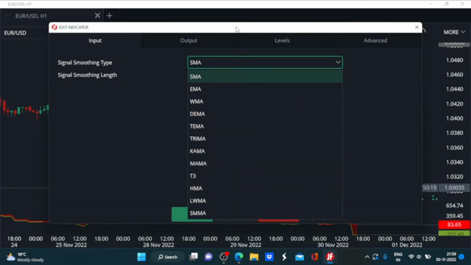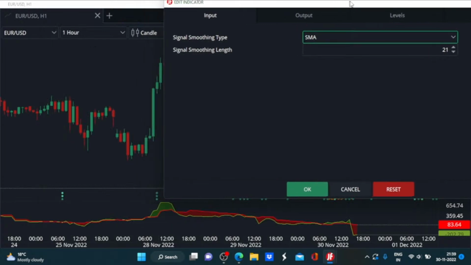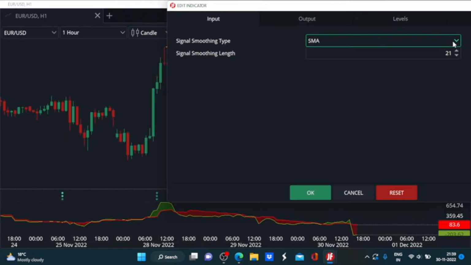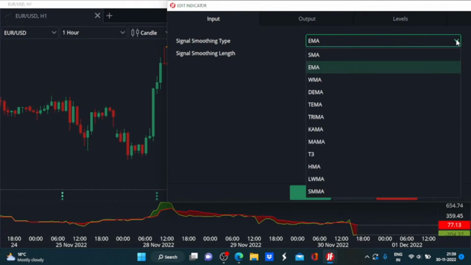So depending on the kind of moving average price you use to define these signal lines, you will have some deviation, and of course the signals generated are also going to vary.